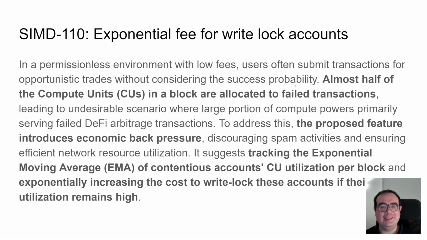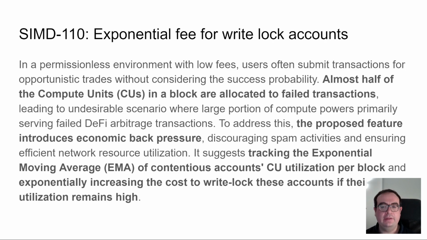The problem is the same. We discussed the fact that there is still some space for spam. It's still cost efficient to just spam the network in certain situations. And indeed, almost half of the compute units, CUs, in a block are allocated to failed transactions.